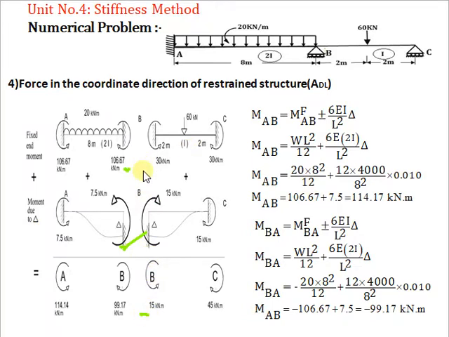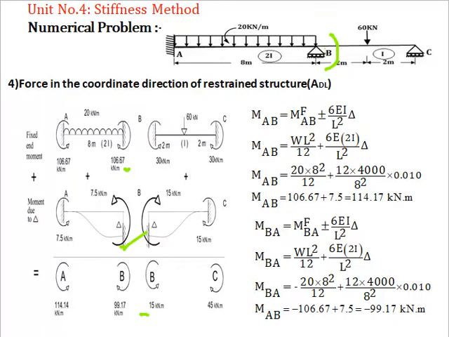That gives us the moment or force acting in the coordinate direction when span AB is restrained, and from that we calculate the force acting in the direction of theta B by considering span AB.